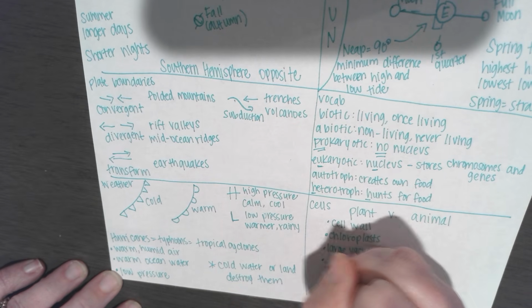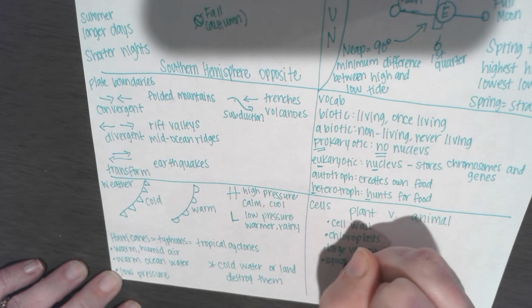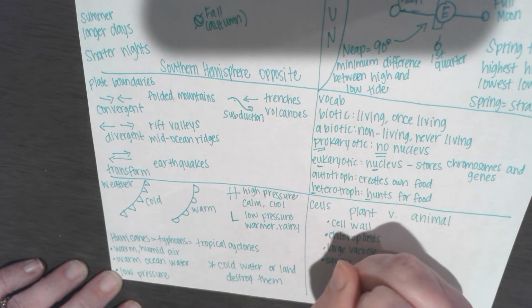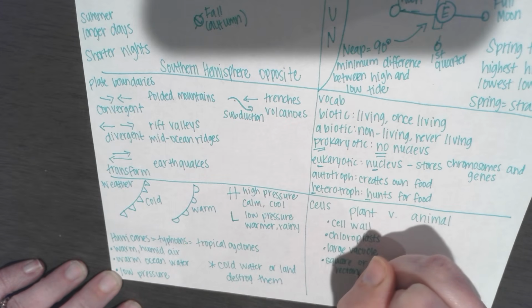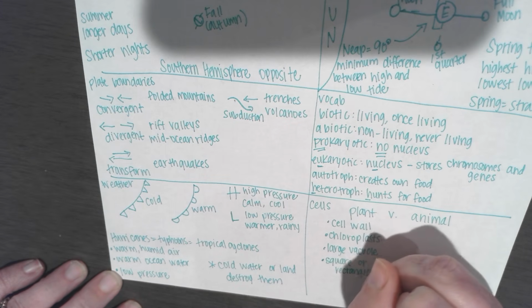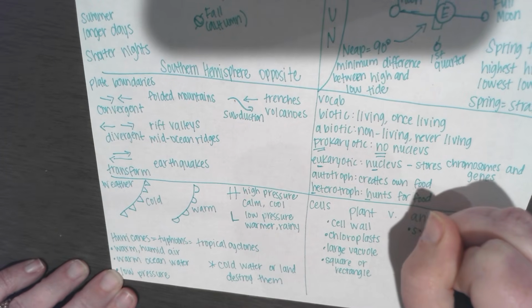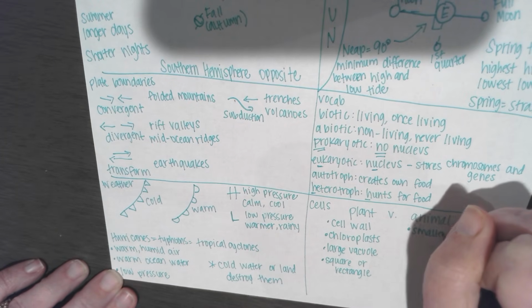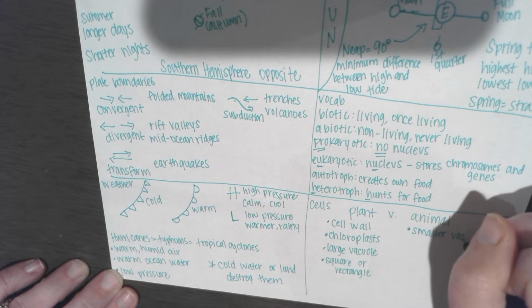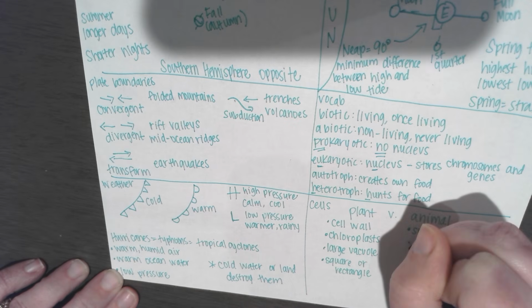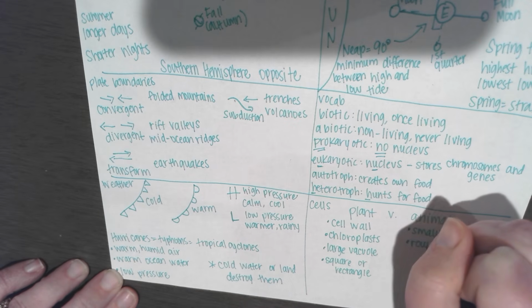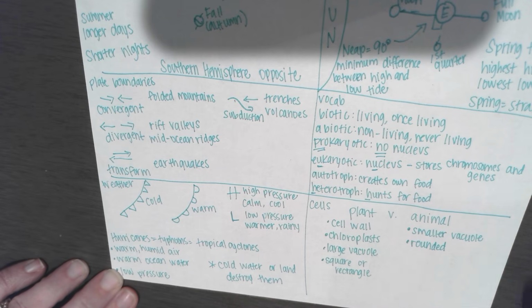And plant cells are usually square or rectangle shaped. Then an animal cell is going to have a smaller vacuole. And it's going to be rounded.